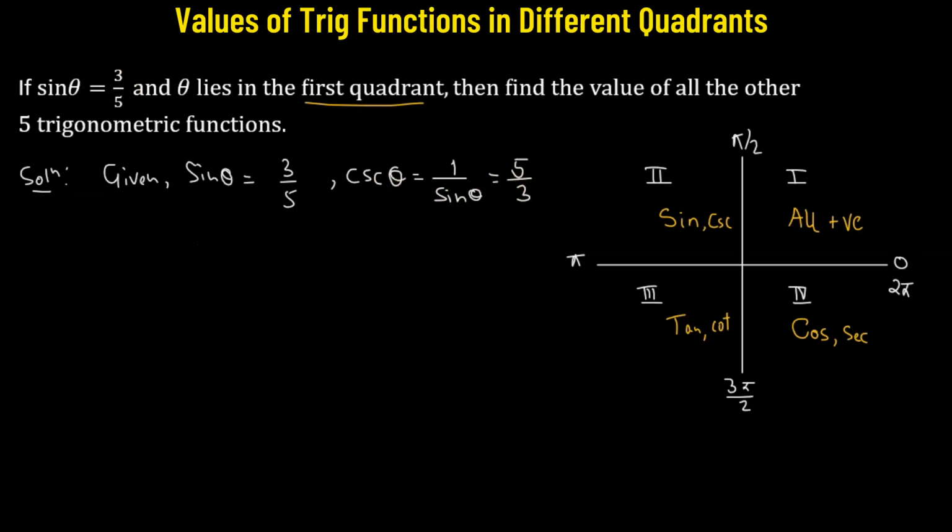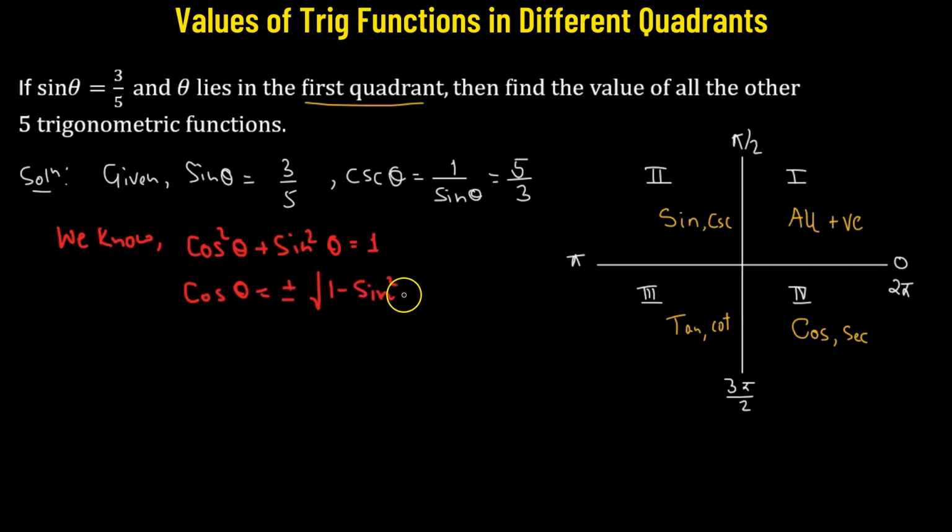Now we know that we're going to use an identity. There's a standard identity which is given by cosine squared theta plus sine squared theta equals 1. So using this identity, we can find out the value of cosine theta. So cosine theta is simply defined as plus or minus square root of 1 minus sine squared theta.